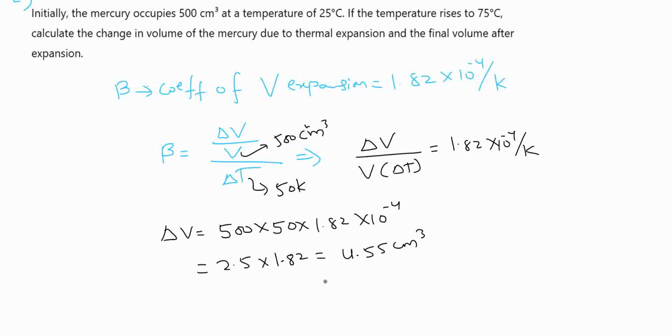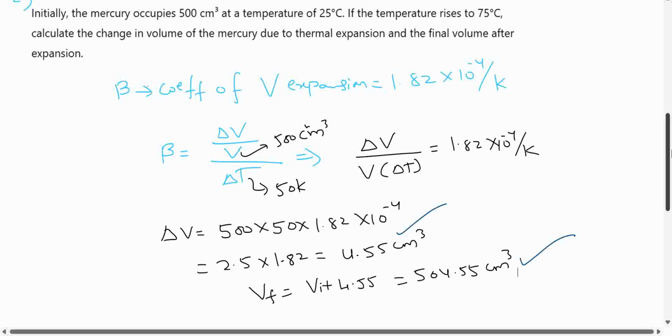You can also cross check the result. So V final after expansion will be equal to Vi plus 4.55, that is 504.55 centimeter cube. So this is our answer, the change in volume and the final volume of the mercury thermometer.